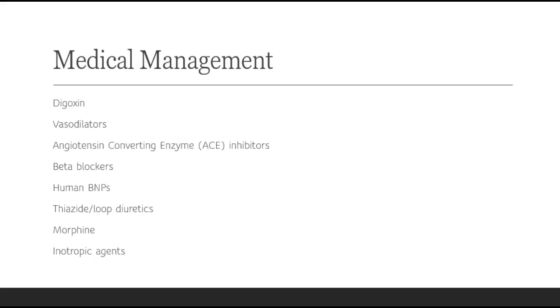Morphine relieves pain, helps reduce anxiety, and decreases myocardial oxygen demands. And then your inotropic agents, we've talked about this, dobutamine or dopamine. This helps improve renal blood flow. This increases GFR, promotes sodium excretion, helps get rid of the extra fluid on the body.